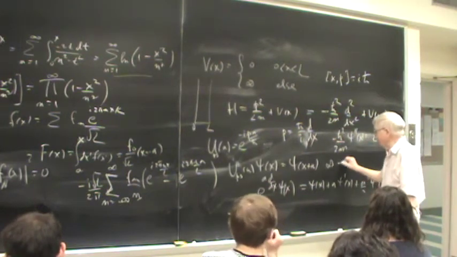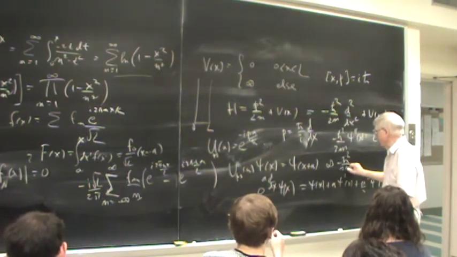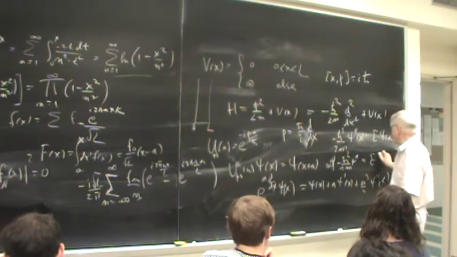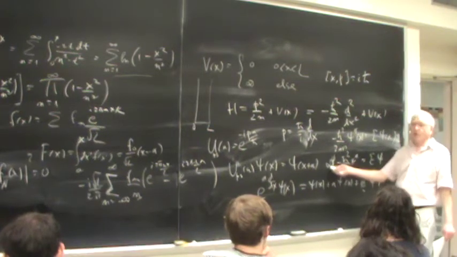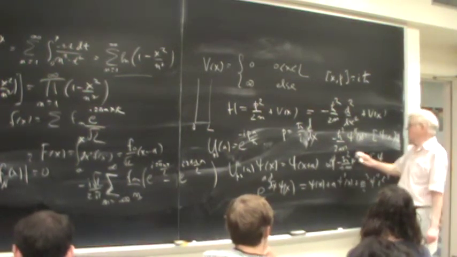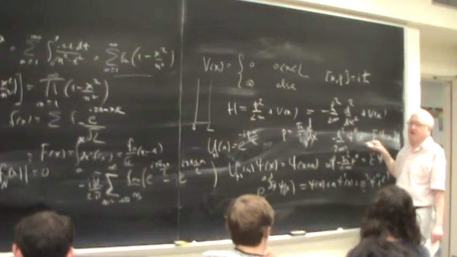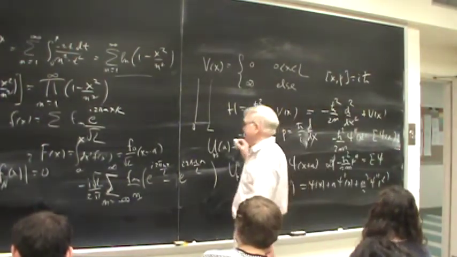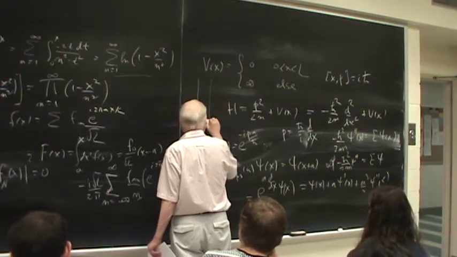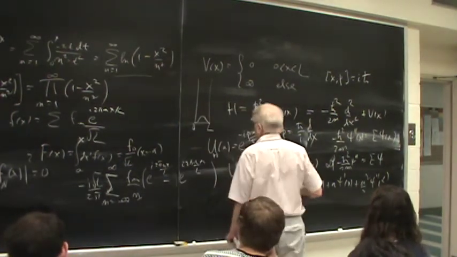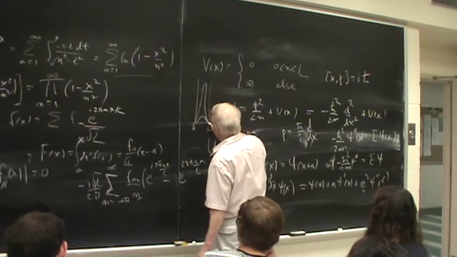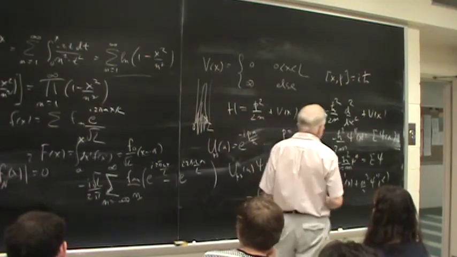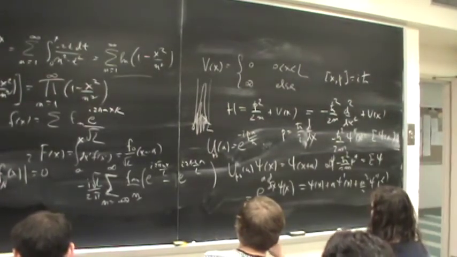So infinity times psi plus that times the double prime is E psi. Well, there's no way of satisfying that, so we've just got to have the thing go to 0 at the endpoints. So the wave function psi of x, whatever it is, this eigenfunction of energy, has to go to 0 at the endpoints. It might do something like that, or it might do this, but it's got to go to 0 at these endpoints.